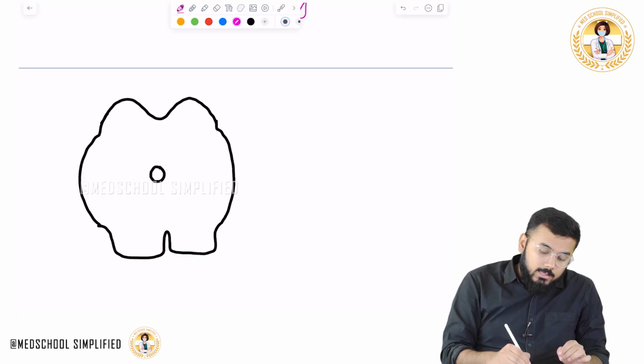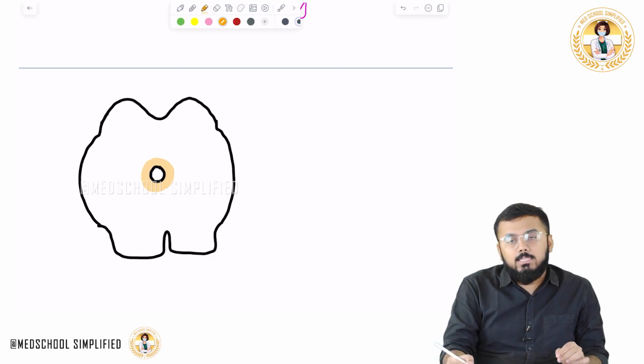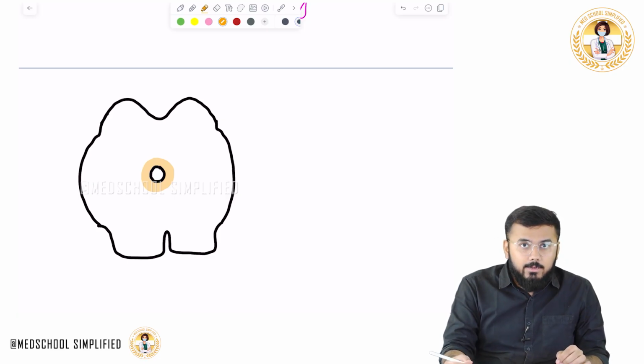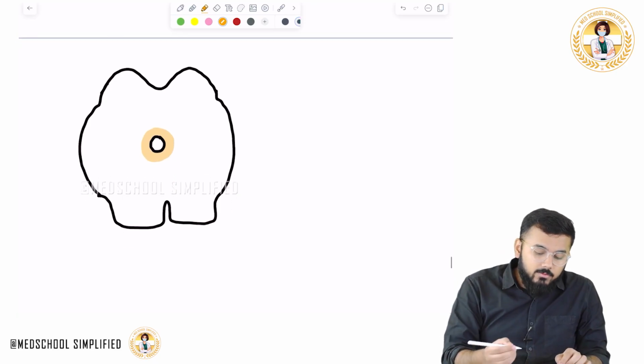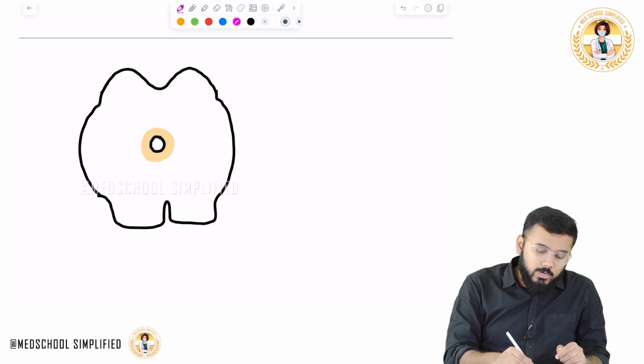Now here, the gray matter is located exactly here. So this is the piece of gray matter that is surrounding your duct. So can I call that this piece of gray matter is surrounding the cerebral aqueduct? So can I call this as periaqueductal gray matter or periductal gray matter, right? And the remaining part which is white is called as a white matter. So here two important things you can differentiate.